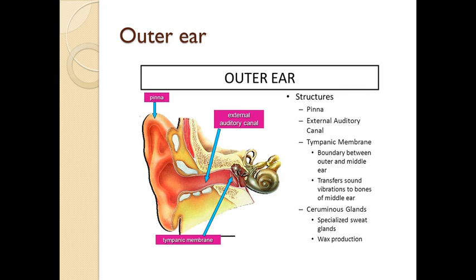It is important for the protection of the inner parts of the ear. Then the innermost portion is the tympanic membrane, which is a soft membrane and is not lined by the hairy skin, and that separates the outer ear from the middle ear.